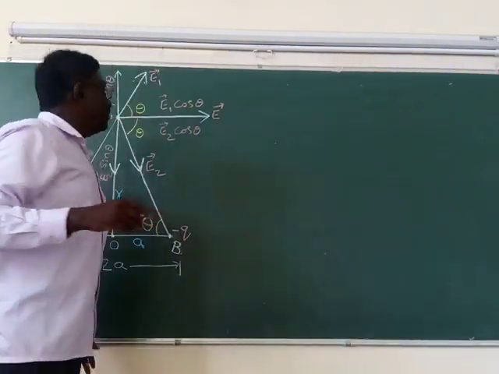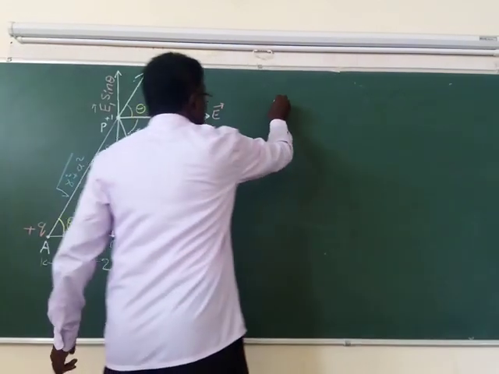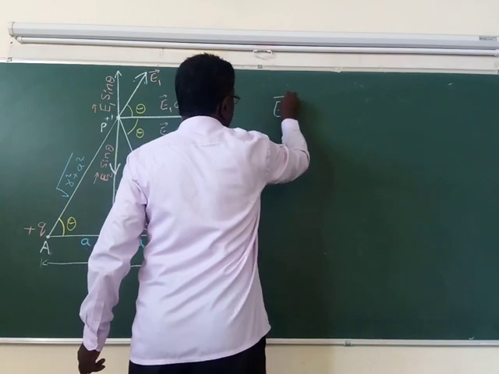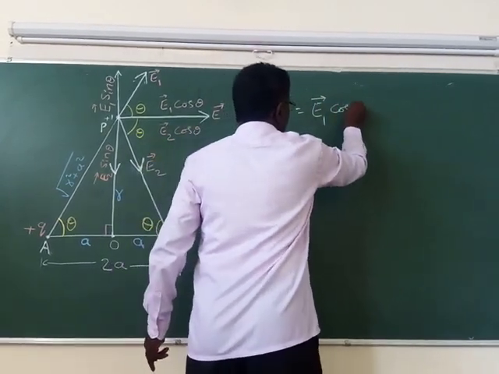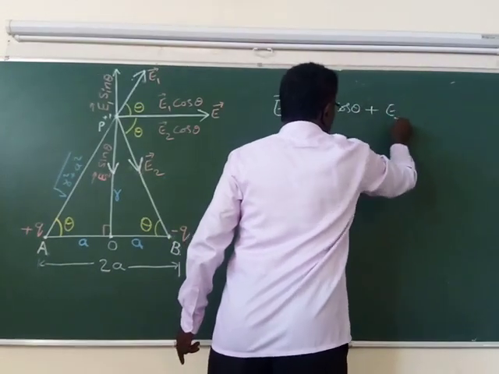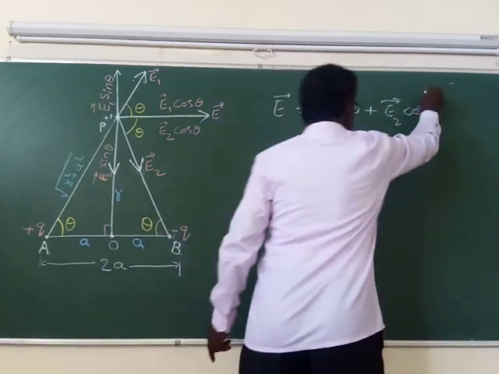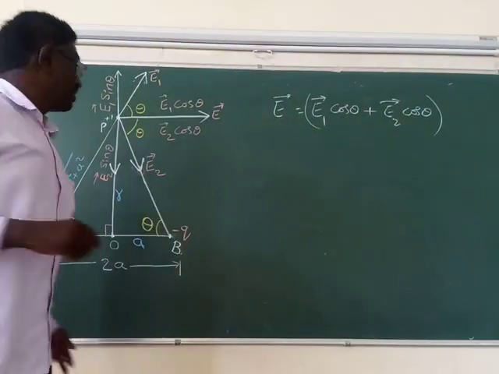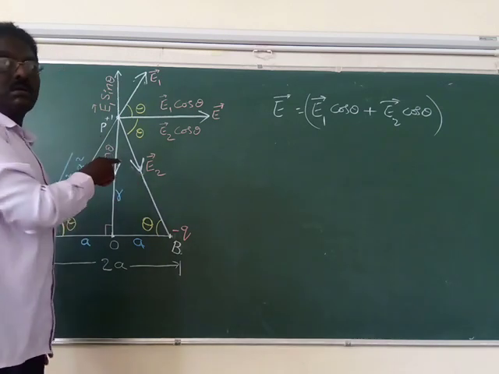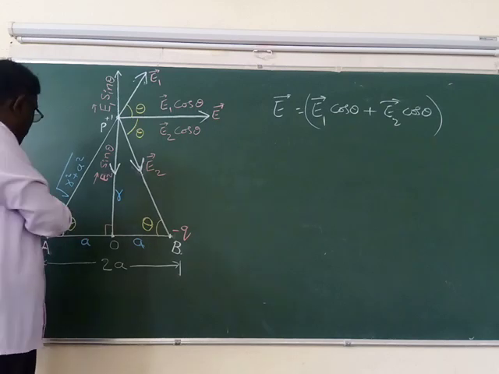The resultant of E1 cos theta and E2 cos theta at P is, vector E is equal to E1 cos theta plus E2 cos theta, into the direction. What is the direction of this resultant? Along the direction parallel to AB.